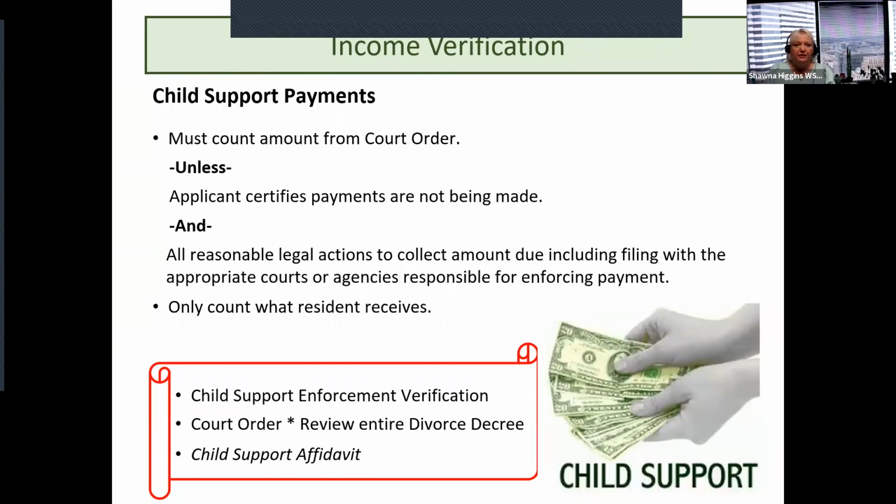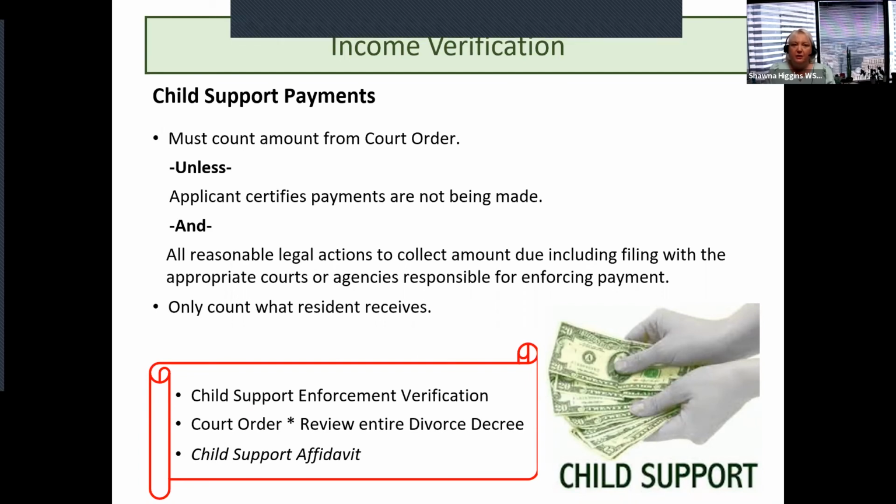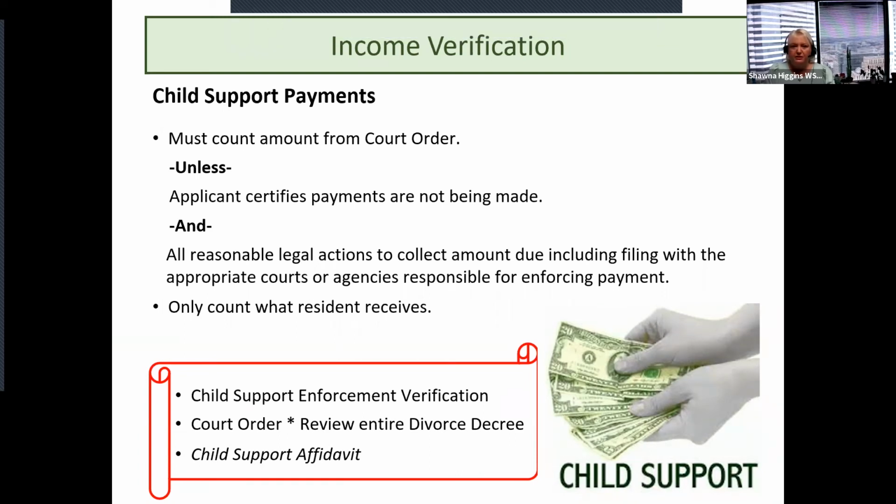All right, is there any other questions regarding child support? A lot of times, is that the DSHS form that we normally get? Yes. I'm used to seeing the form, and that's a really good one to get because it shows how much they're supposed to be getting from the spouse and or the parent.